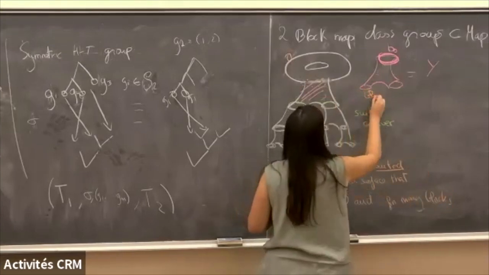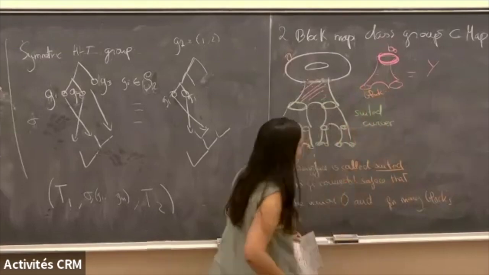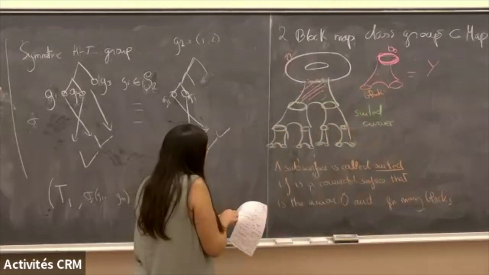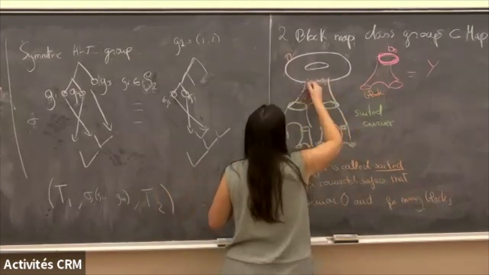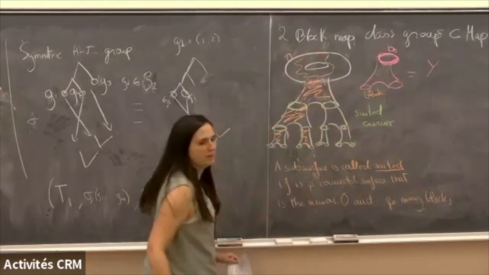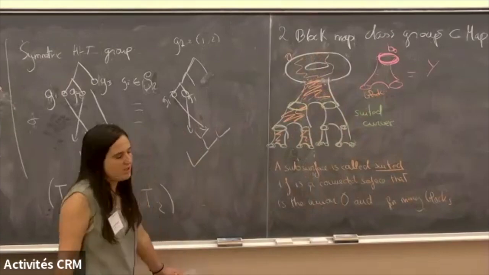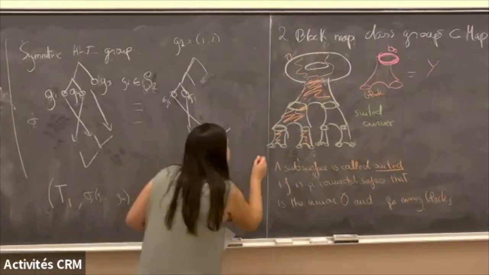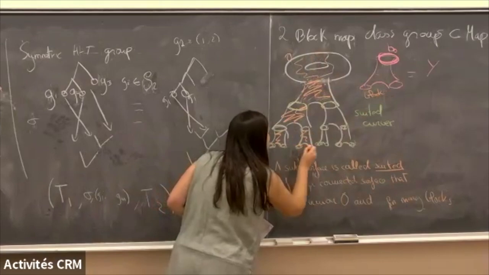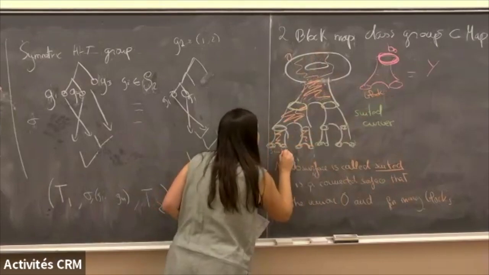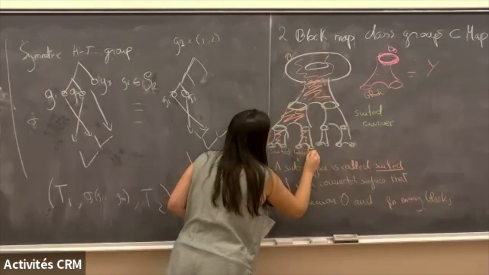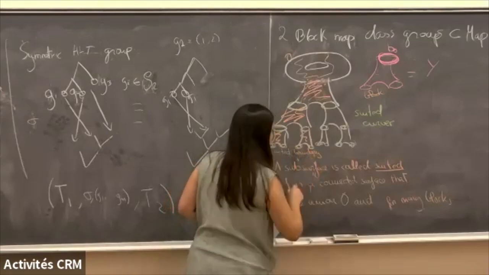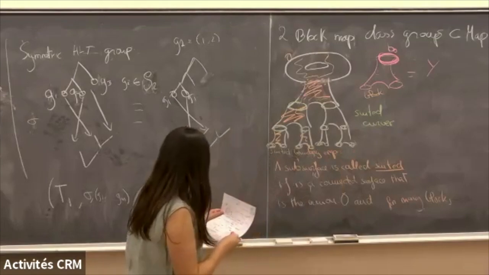So these are blocks. Okay. So for example, a suited surface is this one. It's just selecting a tree. And this here is what I call suited boundary component. Yeah. You want it to be connected.